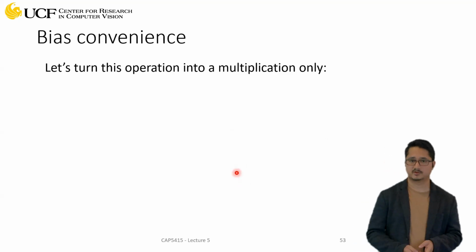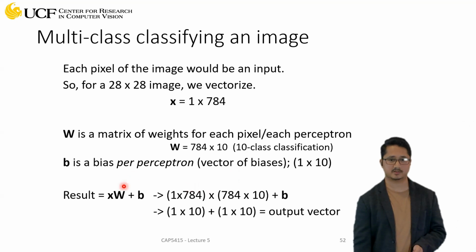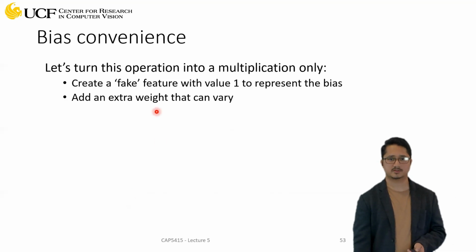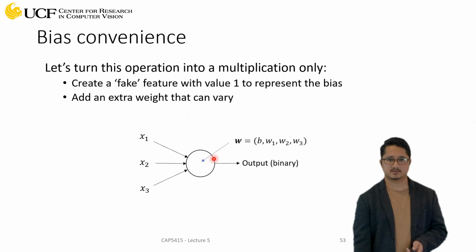We can simplify it further. So here it's a little, not complicated, but just from a computation convenience point of view, let's say we don't want to perform any addition. So what we can do is, and it's just a hack, you don't have to do this, you can move the bias inside your weights, right?